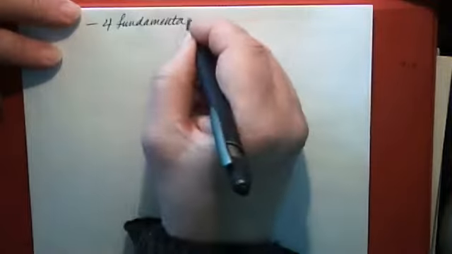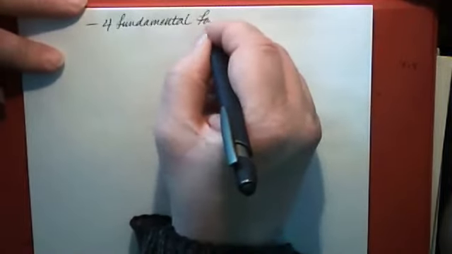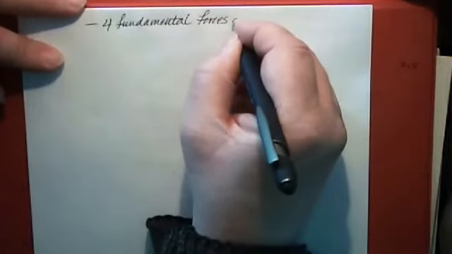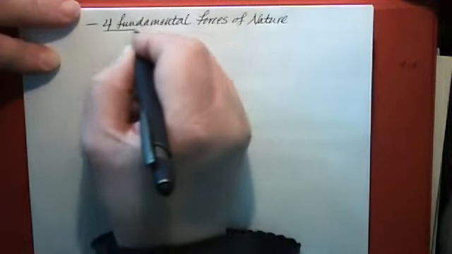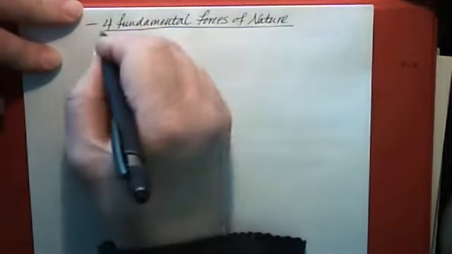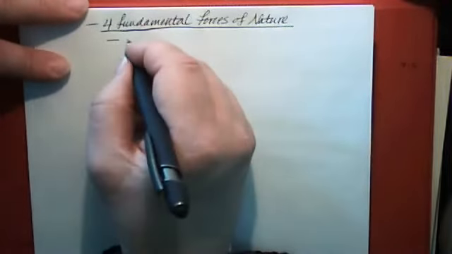There are what are known as four fundamental forces in nature. Some of these we're going to study in detail and some of them we won't, but we might as well know what they are.